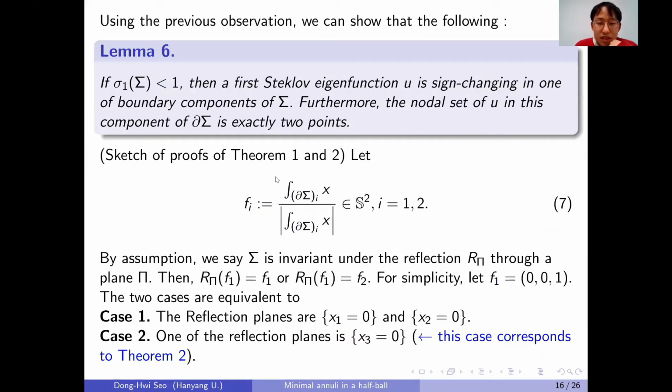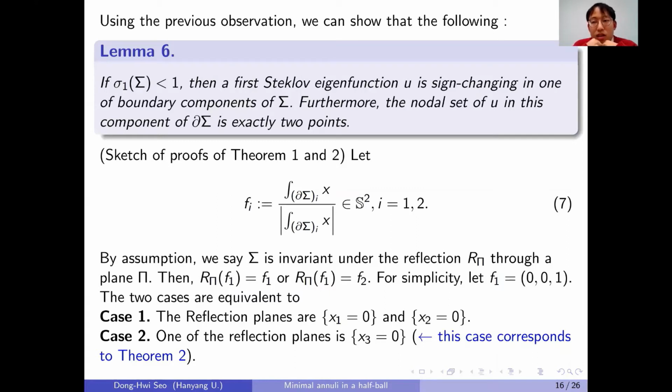So let me give proofs of theorems 1 and 2. If you consider a normalized flux vector along the boundary component, say small f_i, then we know that the sum of small f1 and small f2 should be 0.